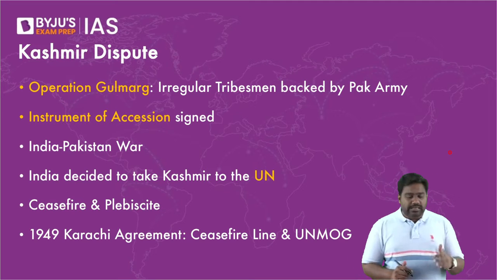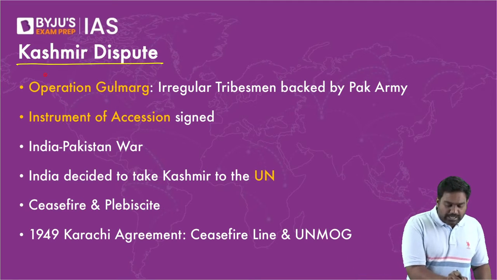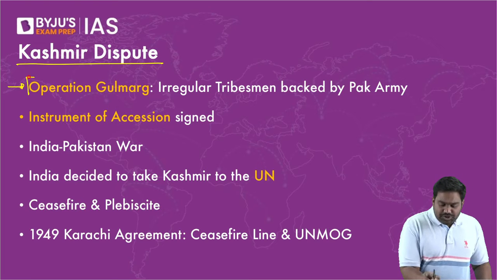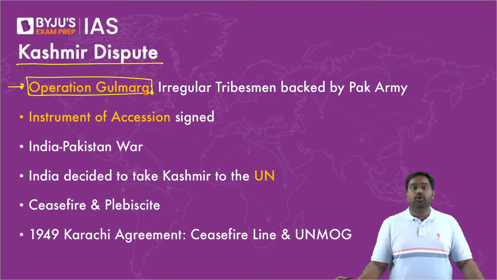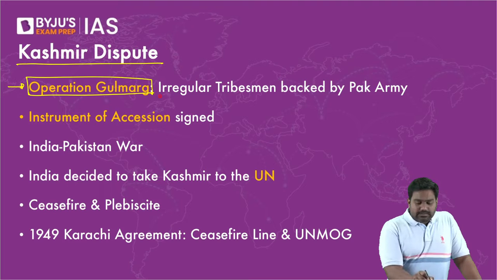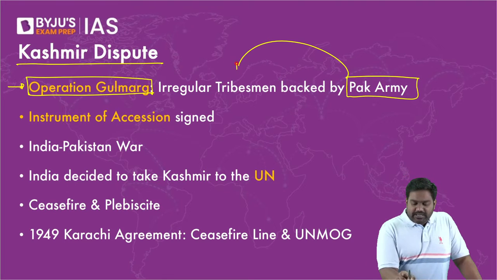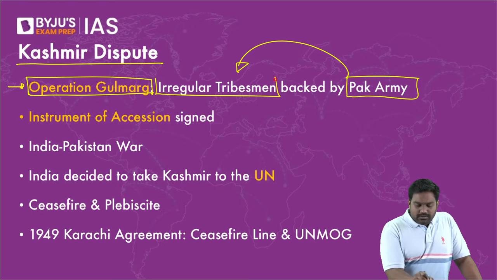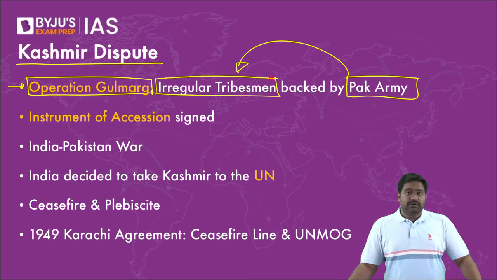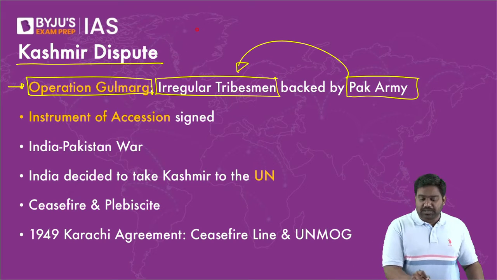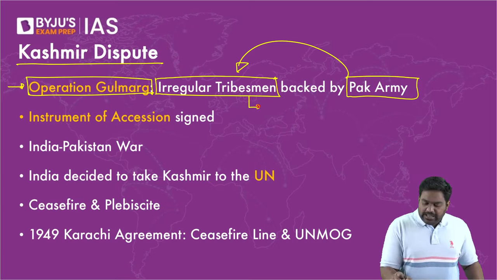Pakistan made an illegal military attempt to take Kashmir by launching an operation known as Operation Gulmarg. This operation was backed by the Pakistani army, where they motivated a few tribes in the Gilgit Baltistan region and in the Kashmir region, who had enmity with Raja Hari Singh.